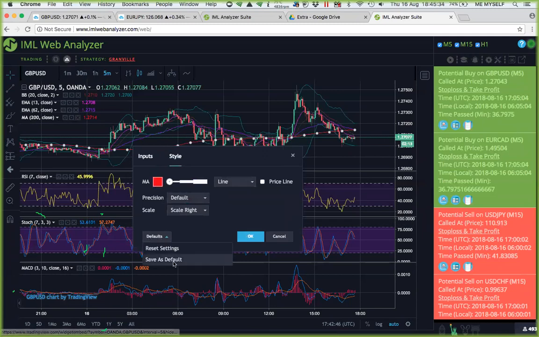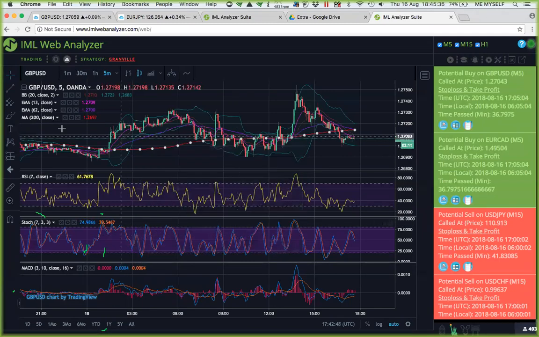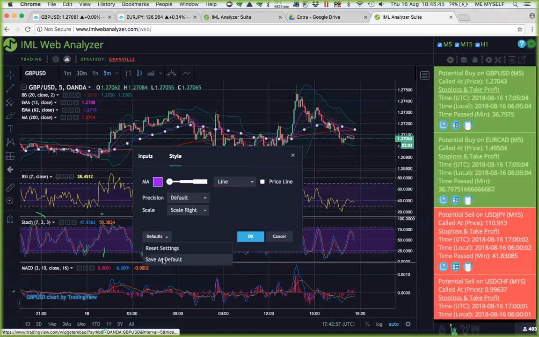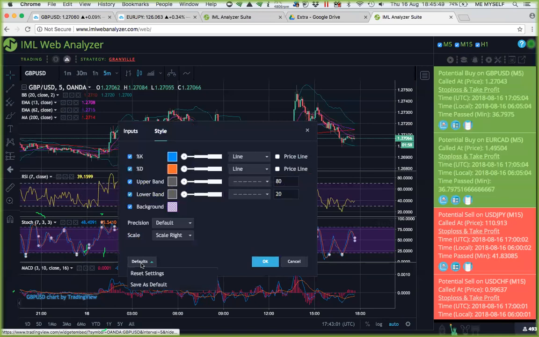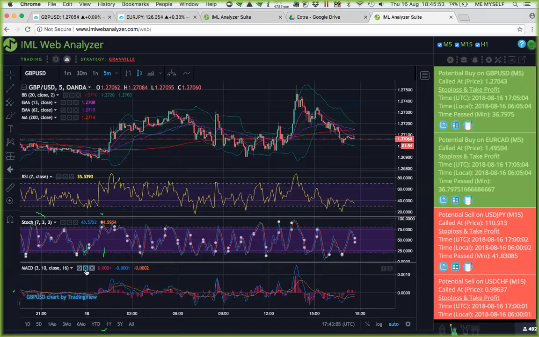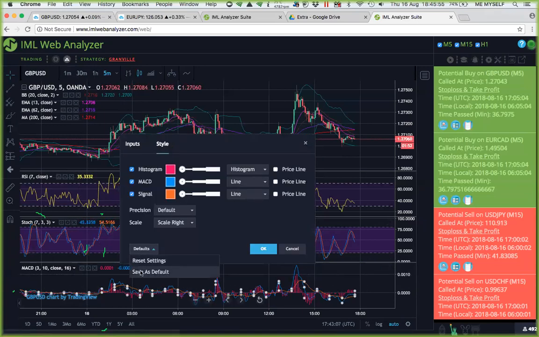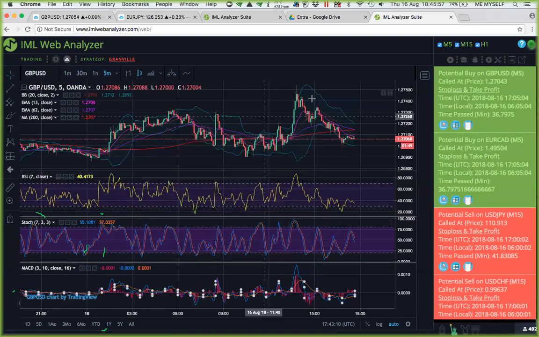And I should be hitting save as default here. When you do that save as default, it helps, because when you reload, all these settings come back as they should. Save as default, and save as default. So, okay, great.